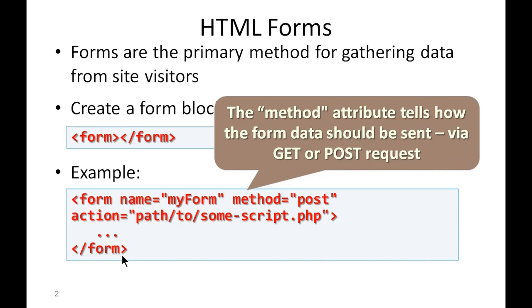So the method is nothing but an attribute that tells how the form data should be sent via get or post request. So these are the two requests using which the form data is posted to some location.